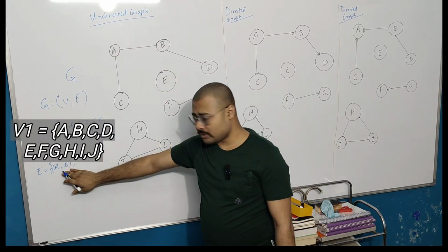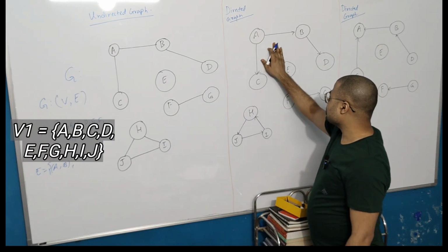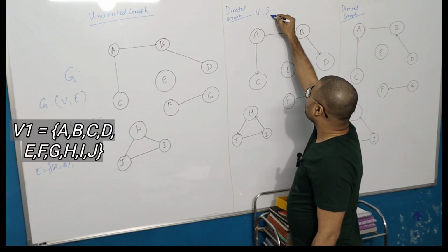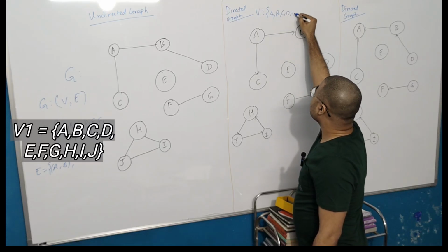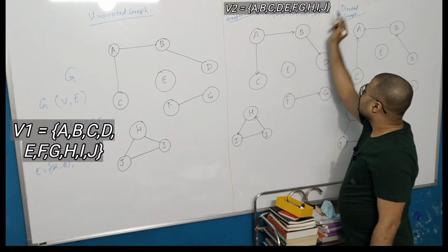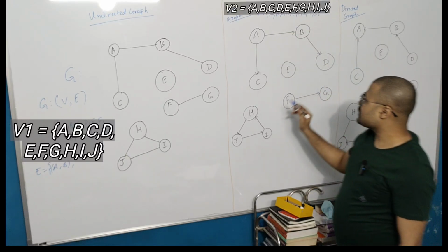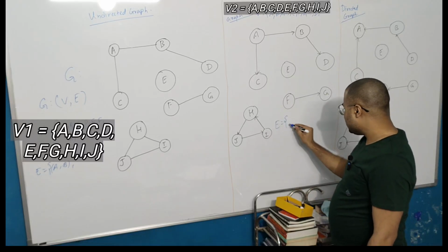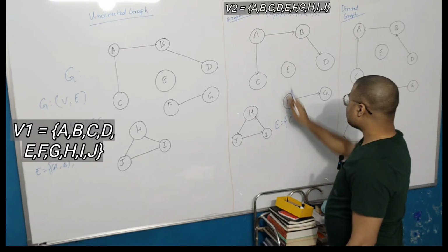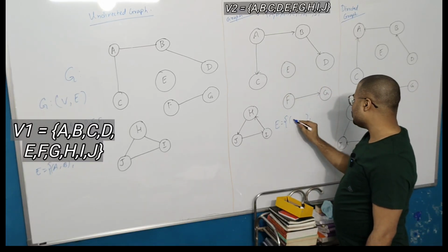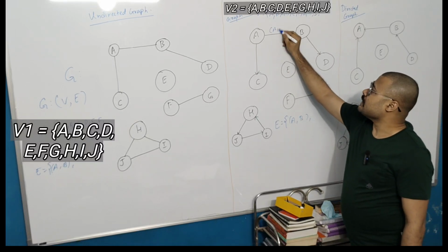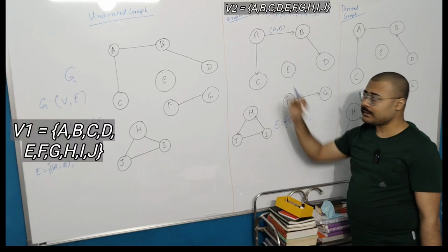For an undirected graph, it's an unordered pair, but for a directed graph like this, the set of vertices V is A, B, C, D, E, F, G, H, I, but the set of edges will have every element as an ordered pair, because there is a direction to the edge. So you can write it as AB. This edge can only be represented with A as the first element in the ordered pair and B as the second element.